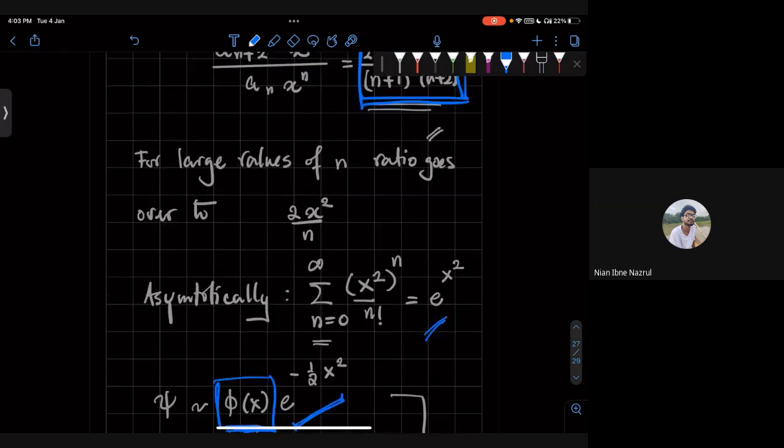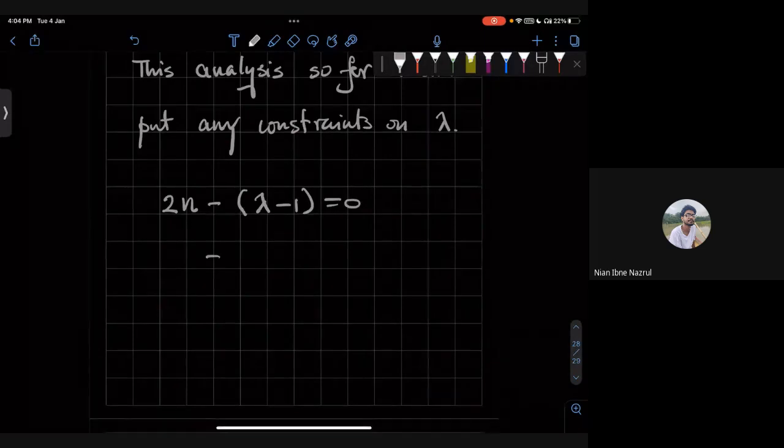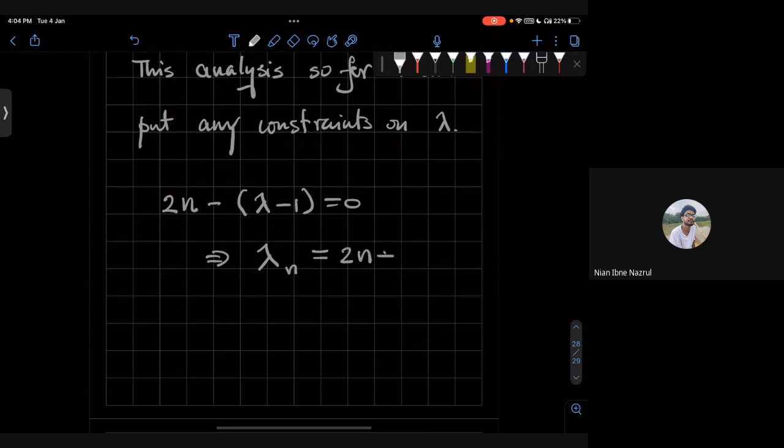So in other words, we can say that, let 2n minus lambda minus 1 be 0, and in other words, if lambda is equal to 2n plus 1, then the series truncates, okay?